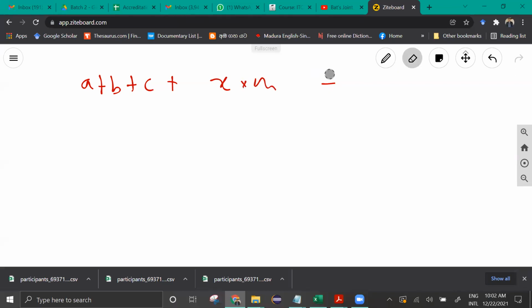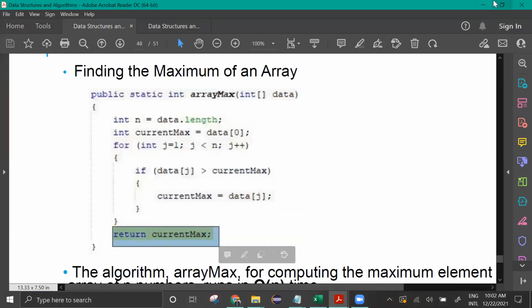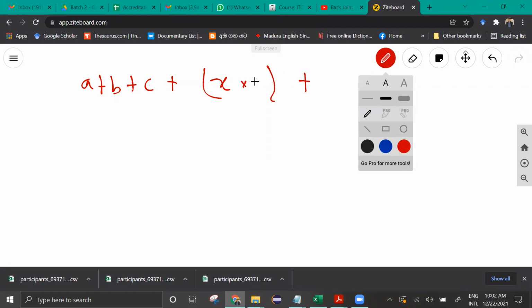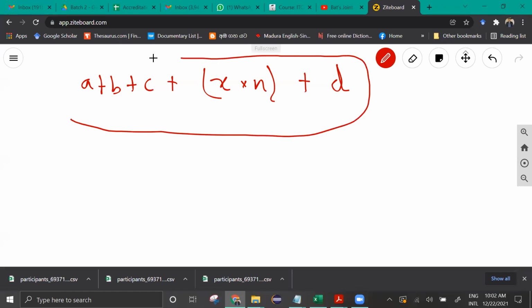Almost n times, right? And for the last return part, suppose it takes d. So the actual time would be something like this: the first line, second line, and so on, and then this.